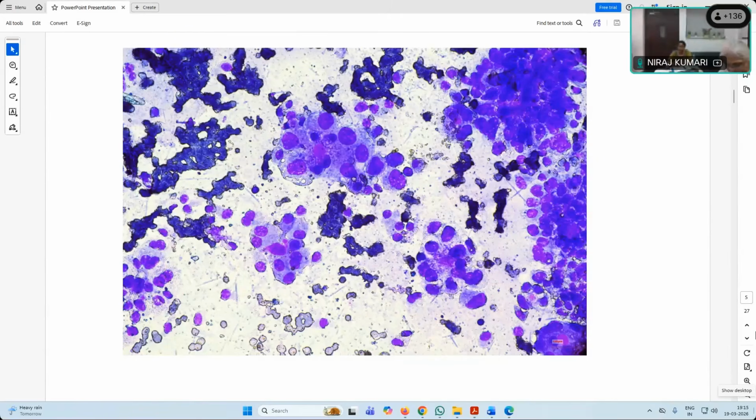Okay. Then GATA3 for breast, and it can also be positive in urothelial origin, but urothelial will be positive for both 7 and 20, ma'am. Then, ma'am, lung, TTF1 we can use. Yes.